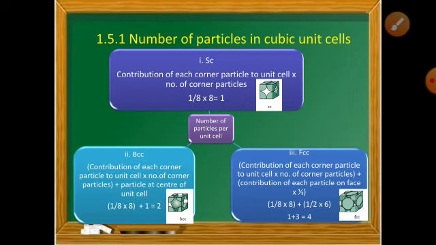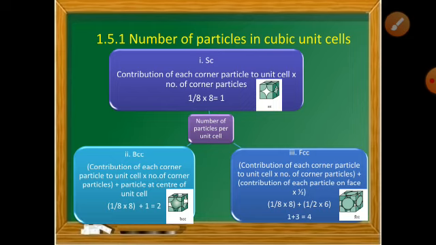So that's why here I wrote 1/2, that is, half contribution for this unit cell from each face. So half into 6 faces, that is equal to 3. So 1 from the corners and 3 from the faces, 1 plus 3 equals 4, and not 14.